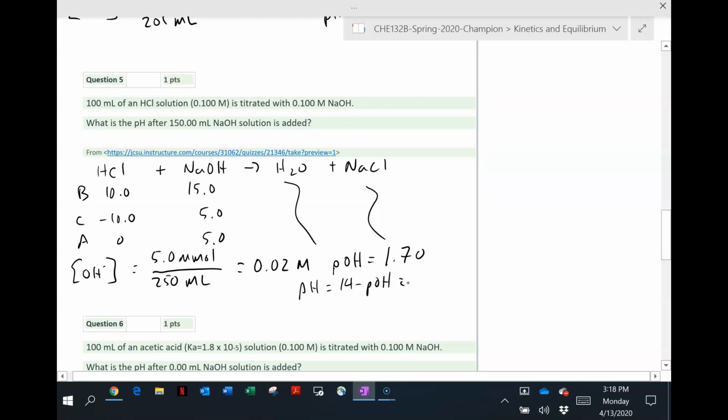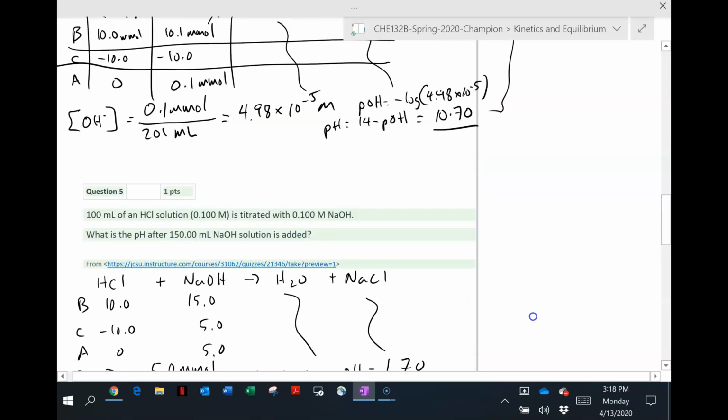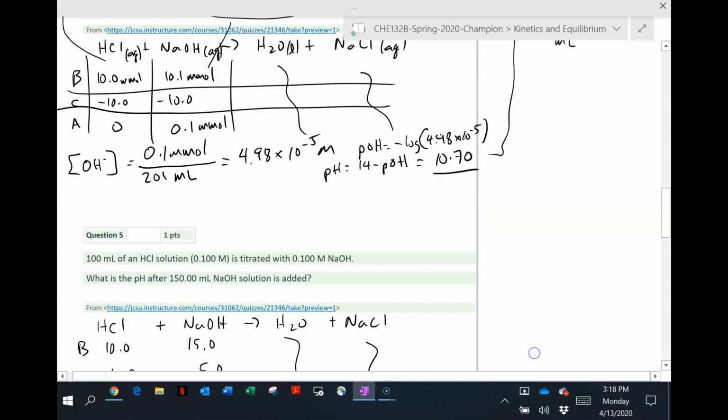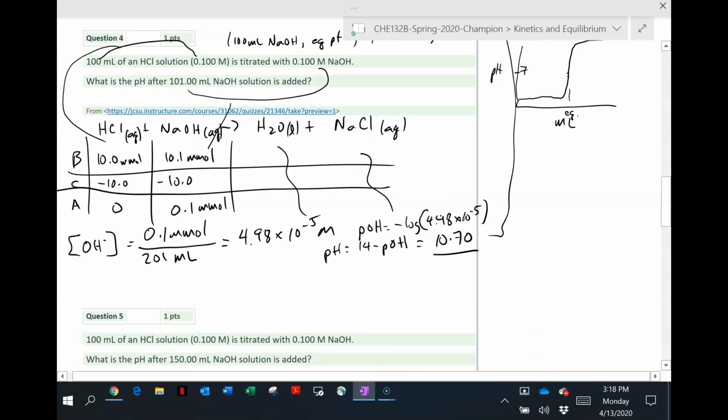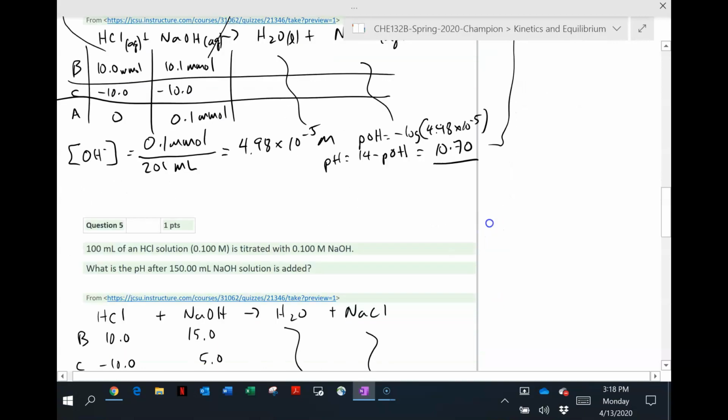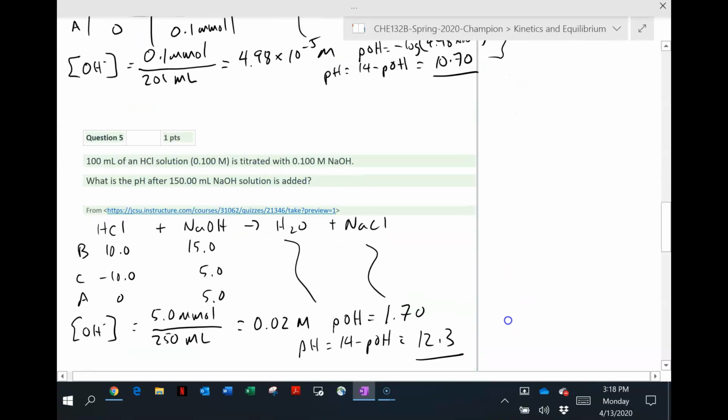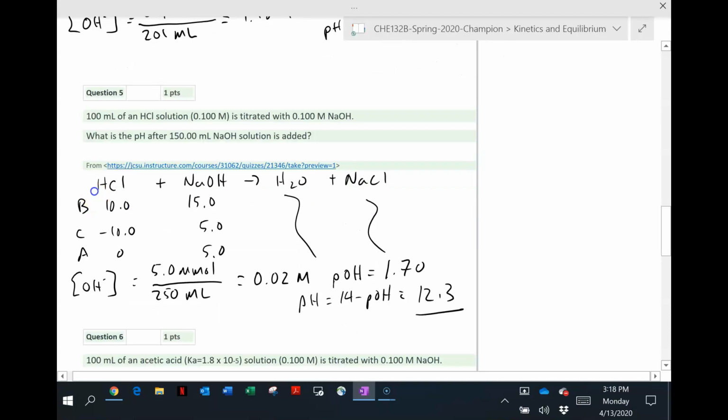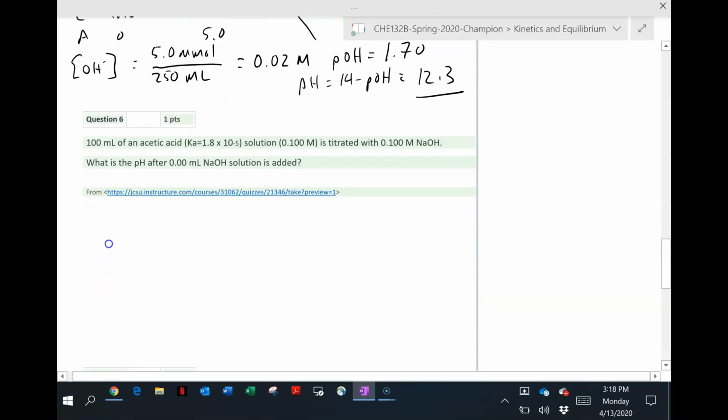So that's going to be 12.3 for our pH at that point. So adding 49 more milliliters from question 4 takes the pH up from 10.7 to 12.3, not quite as dramatic a rise as you see, again, as a characteristic of that strong acid, strong base curve.